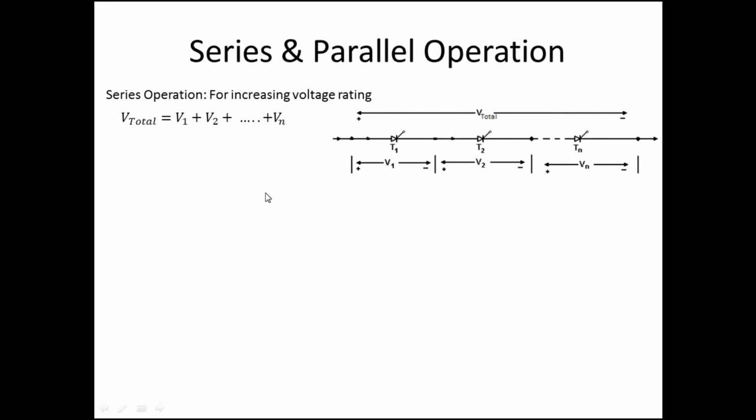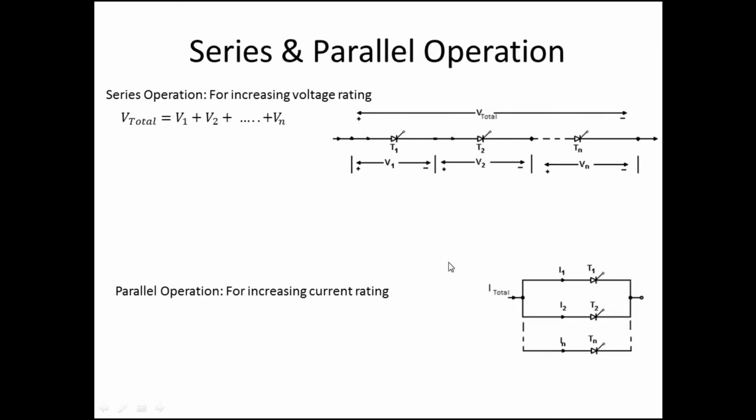Similarly, for increasing the current rating, we can use parallel operation. The total current will be the sum of each thyristor current, I1 plus I2 plus etc. In, for n thyristors.